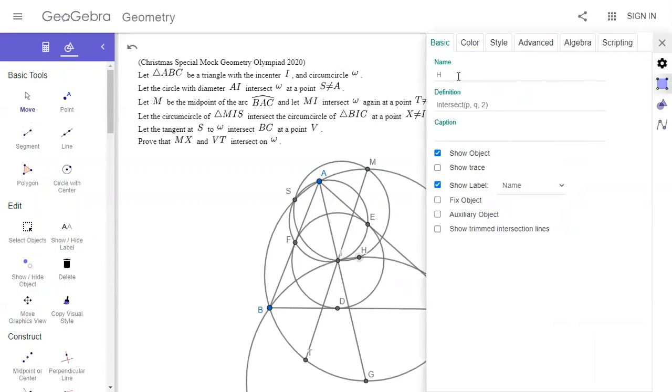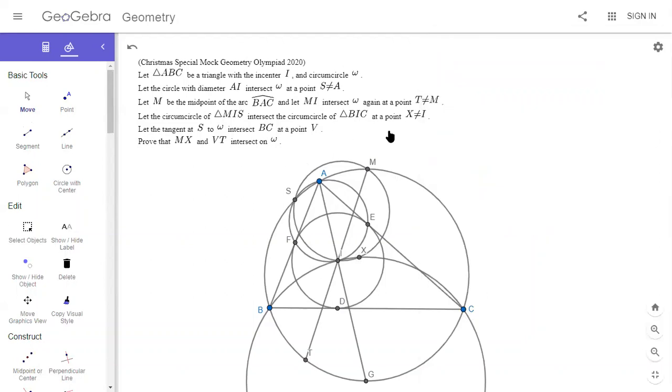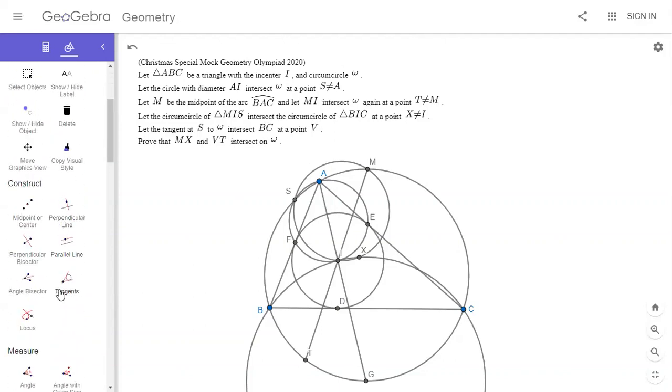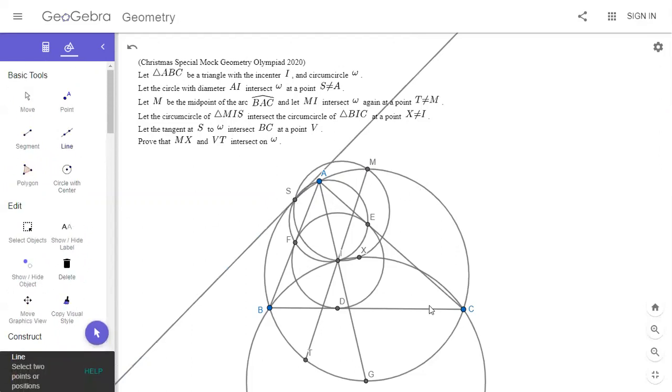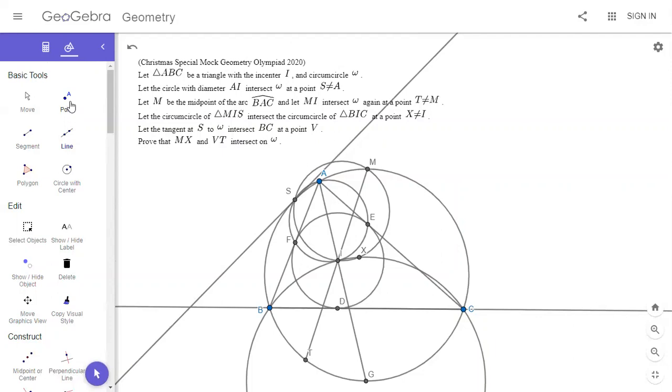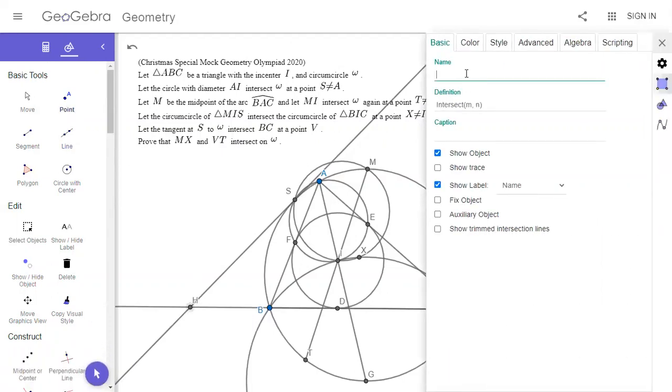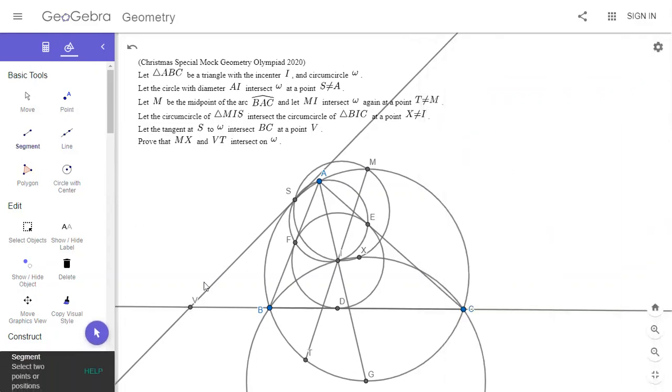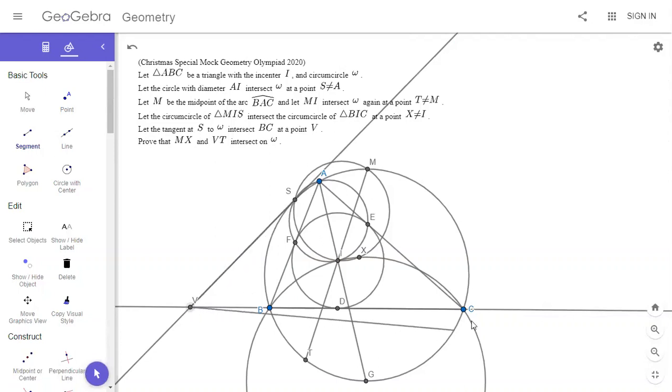Wow, there's a lot of information. But I'll bet we probably don't even need all of it. The tangent at S to the big circle intersects BC at point V. And we want to show MX and VT intersect on omega.